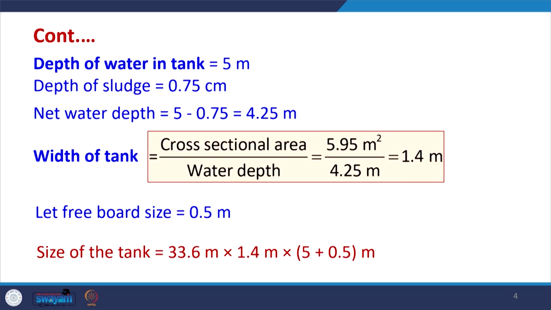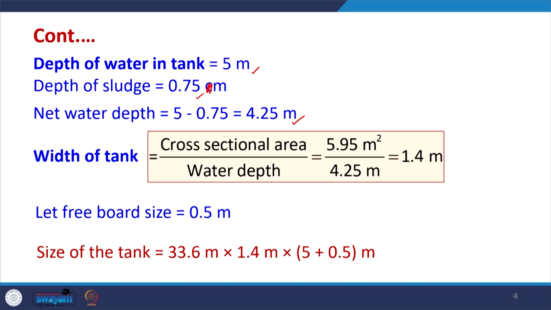Now, the depth of the tank we have also fixed, and the depth of the sludge is 0.75 meter, that is 75 centimeter. We subtract 0.75 from 5 meter, and this is the net water depth.